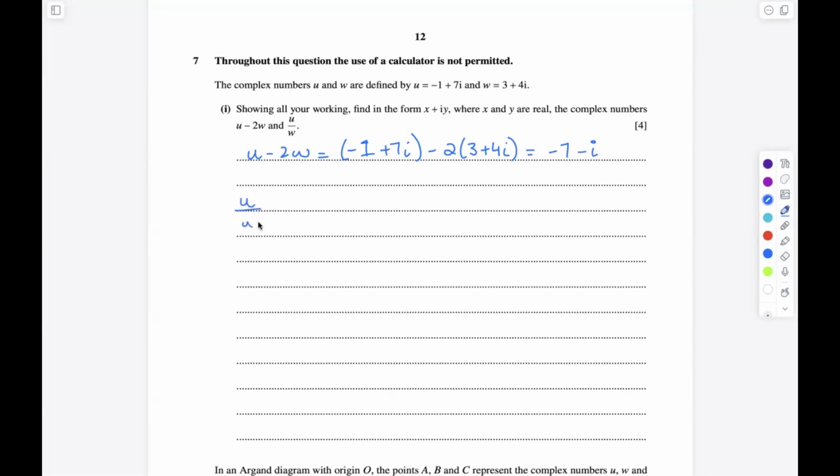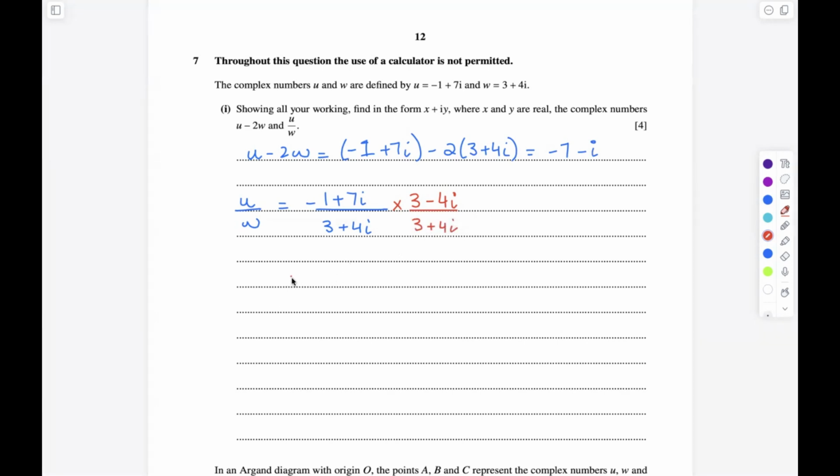For u/w, we'll write first (-1 + 7i) divided by (3 + 4i). Now, as we have to remove the denominator, we can take the conjugate and multiply and divide the numerator and the denominator. So this will become (3 - 4i) over (3 - 4i).